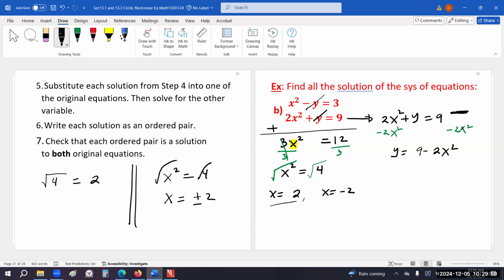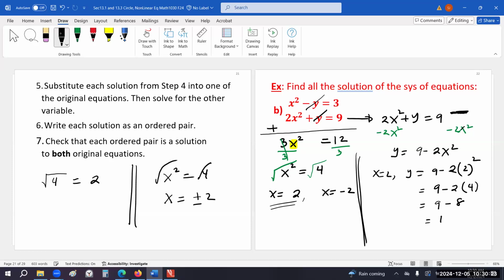Our first x is 2, so we are going to substitute x with 2. When x is 2, our y is 9 minus 2 times 2 squared. 2 squared is 4. In other words, we have 9 minus 8, that gives us 1. So when x is 2, we get the y value 1. So this is one solution.